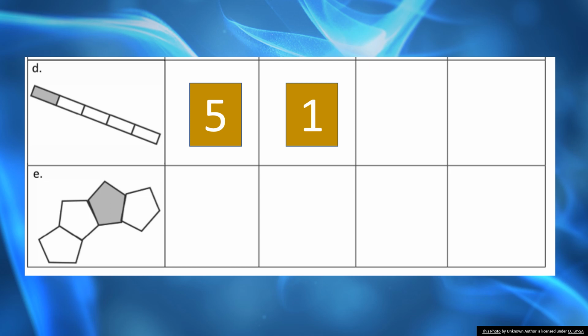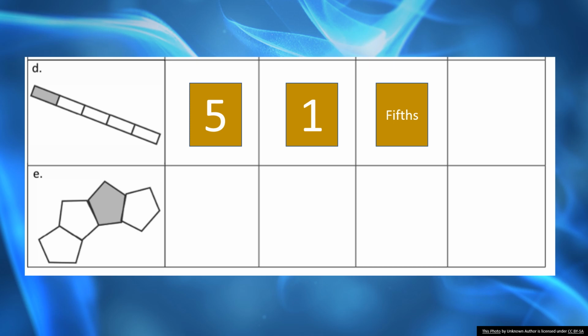Perfect. Now, since this model is partitioned or divided into 5 pieces, then the unit form or fraction that we're working with right now is fifths. Now we're going to write this in fraction form to represent what we see is shaded.